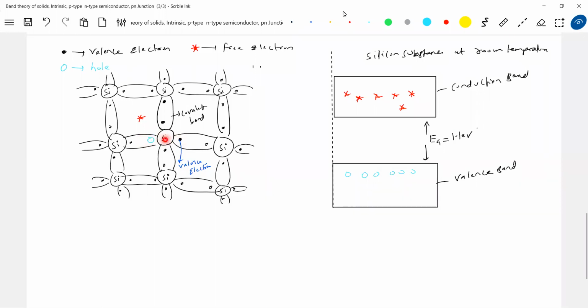When they vibrate about their mean position, the outermost valence electrons gain sufficient kinetic energy and jump to the conduction band. If they possess more energy than needed, they'll jump to a higher state. Now this particular electron is not bound to the atom. It is free to move inside the material. This is called a free electron. The vacancy created by the valence electron in the valence band becomes a hole. So what is a hole? How do we define it?